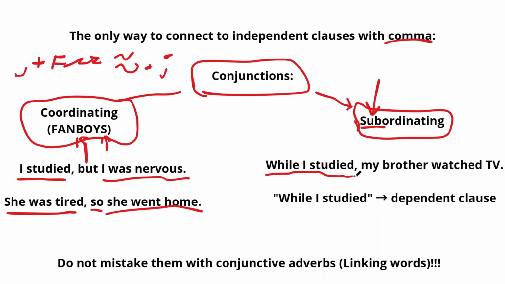You know that "while I studied" is a dependent clause, because you can't just say "while I studied." You've got to finish the sentence. "While I studied" is made from a subordinating conjunction, the word "while," and then an independent clause, "I studied." So you basically made a dependent clause from the independent clause "I studied" by adding a subordinating conjunction.